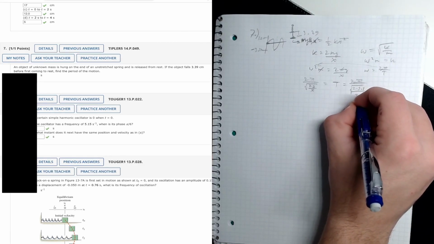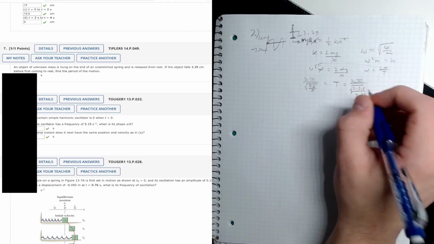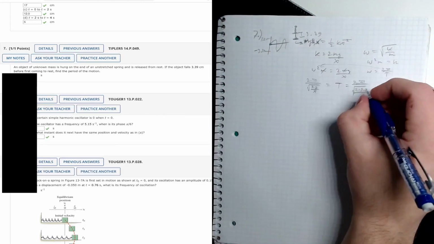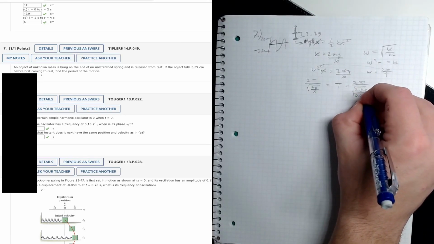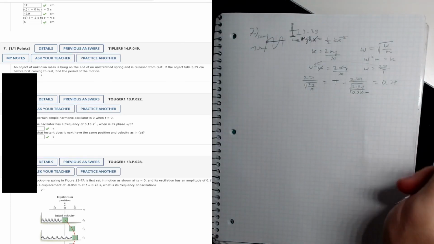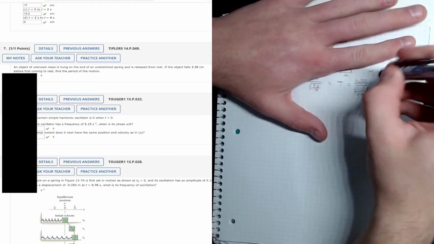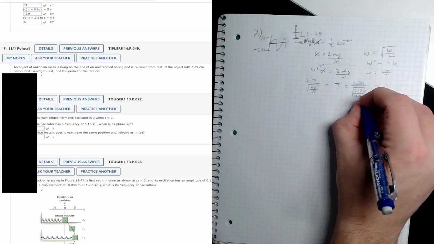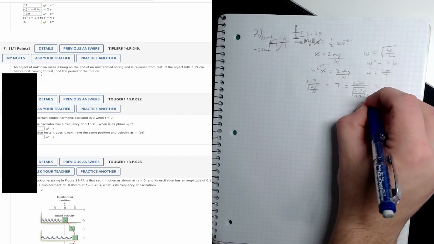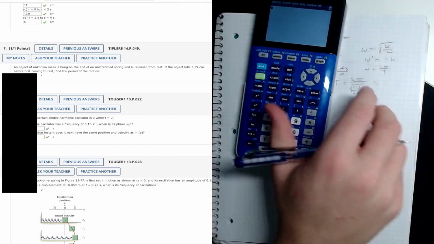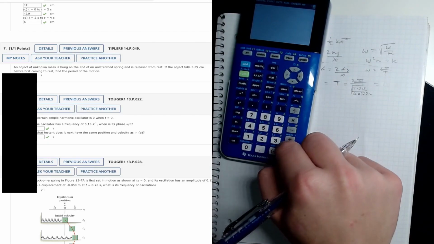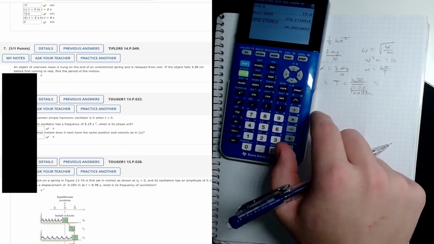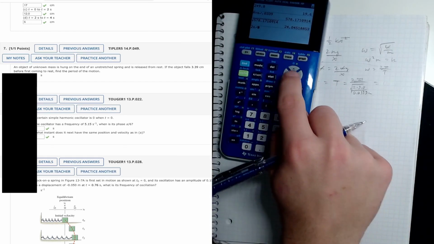Our x value is 3.39 centimeters, so in meters, sorry, I messed up, it was 0.0339 meters. So that equals 2 times 9.8 divided by 0.0339, square root of that, 2 times pi divided by that.